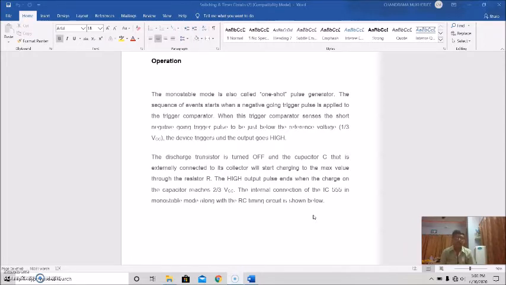When this trigger comparator senses the short negative going trigger pulse to be just below the reference voltage, that is 1/3 of VCC, the device triggers and the output goes high.